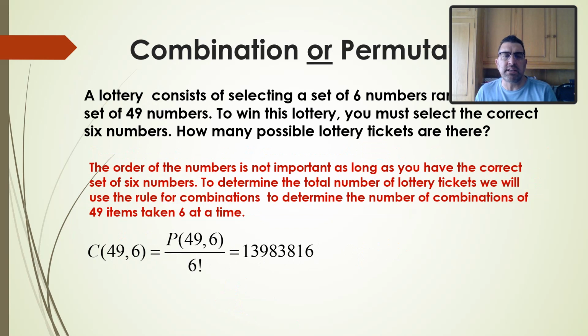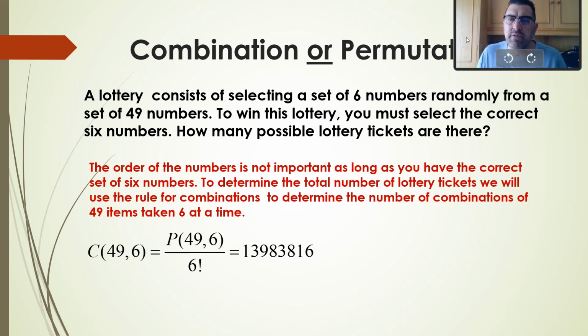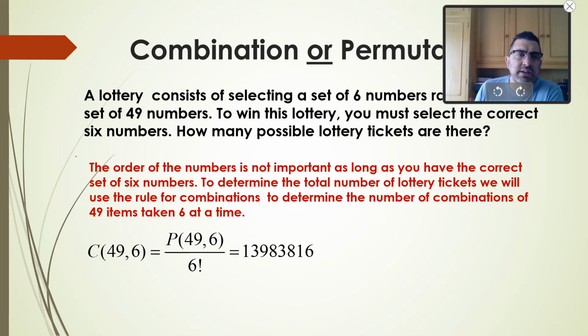Okay, let's see here. Why is this a combination? A lottery consists of selecting a set of 6 numbers randomly from a set of 49 numbers. To win this lottery, you must select the correct 6 numbers. Okay, so there's 49 choose 6.